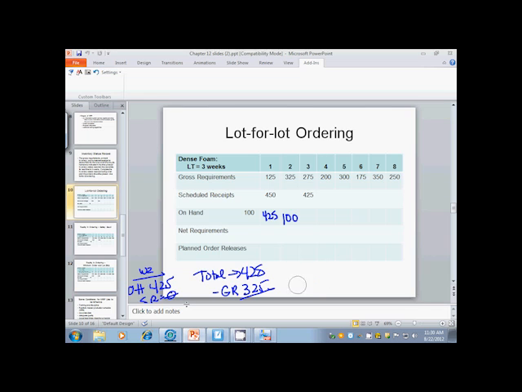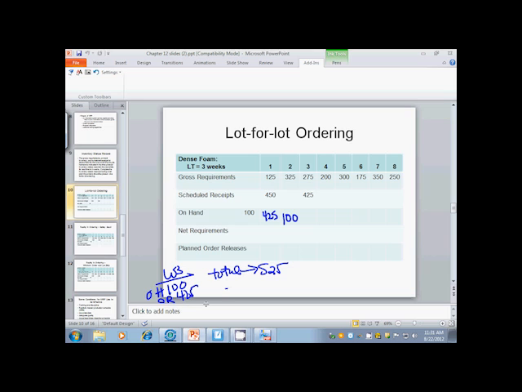Moving on to week 3, let's get rid of our math down there and go back to week 3. Week 3, I had 100 units left on hand. I do have a scheduled receipt that I want to add, 425 more, which gives me a total to use of 525 units of our dense foam.